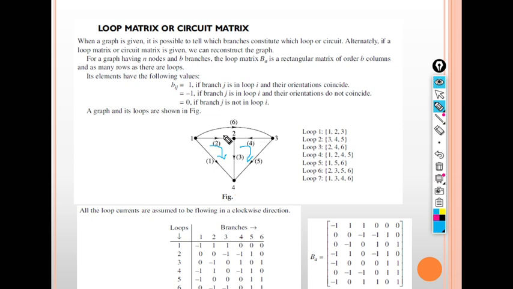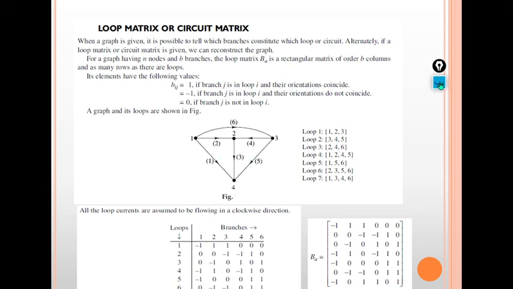Similarly, you can find the clockwise direction for loop 2 4 6. Branches 4 and 6 are in the same direction as the loop, but 2 is opposite, so branch 2 is -1, 4 is +1, 6 is +1. In this way we can draw the circuit matrix.